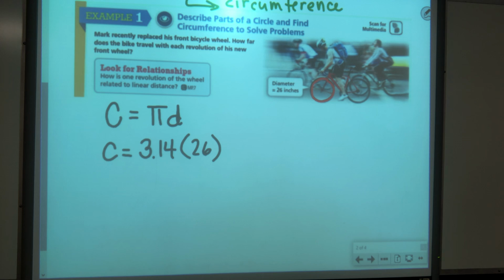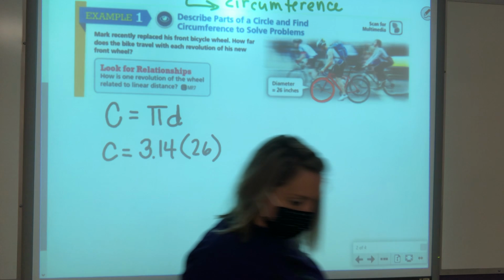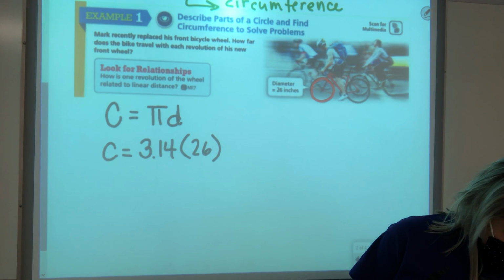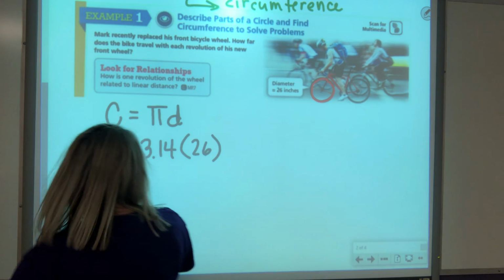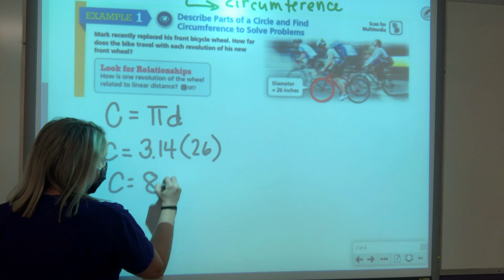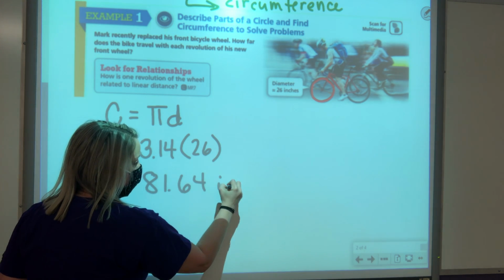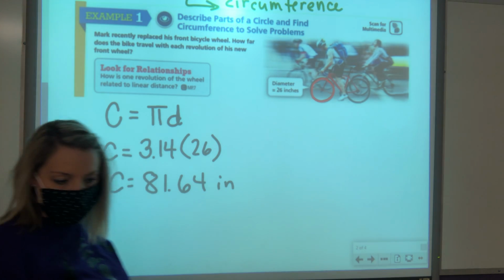What we got? 81.84. Okay, 81 and 64 hundredths? Okay. So our circumference is 81 and 64 hundredths inches. Okay?